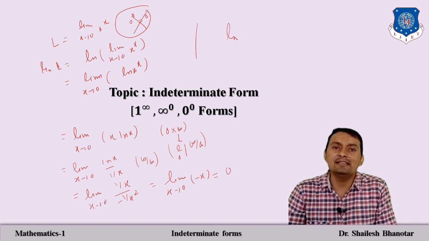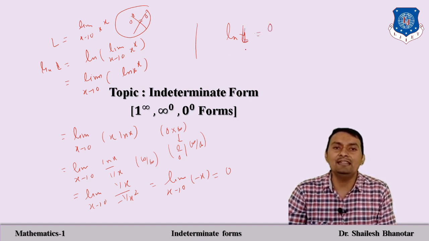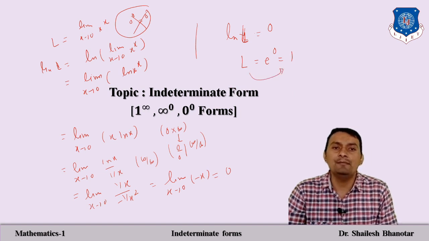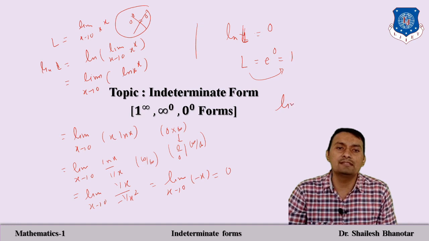So the conclusion says ln L is equal to 0. Whenever we take the antilog, otherwise you may say when we consider the exponential function, L is equal to e raised to 0, and e raised to 0 is nothing but 1, and that is exactly our final answer.